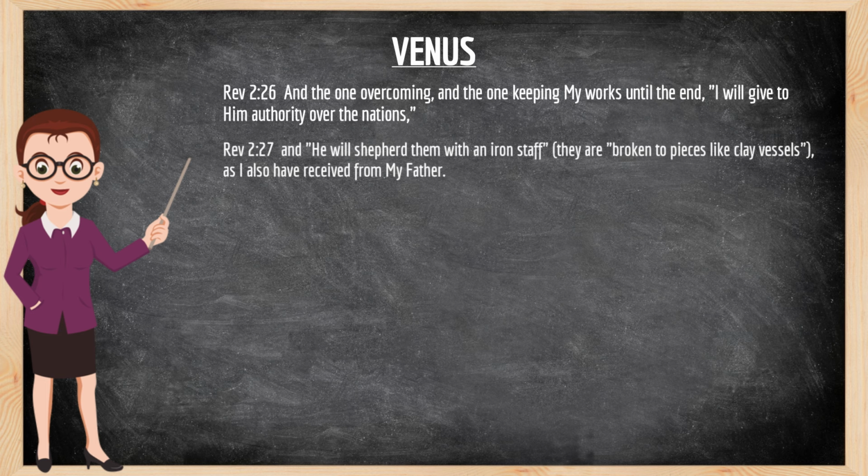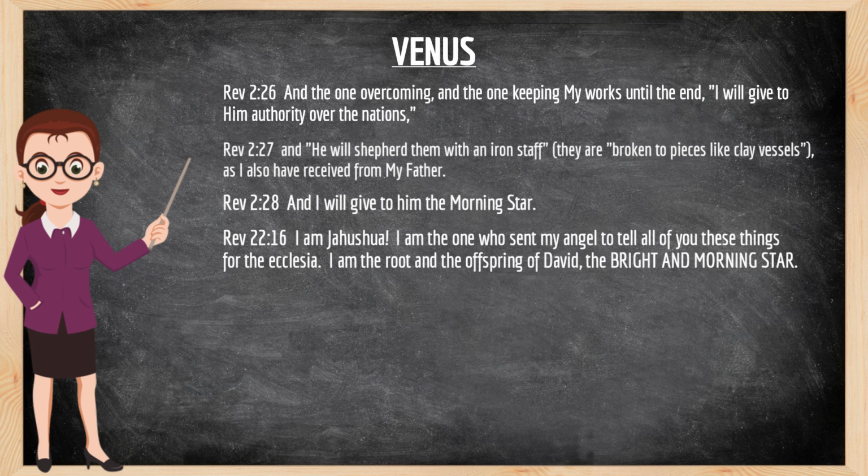They are broken to pieces like clay vessels, as I also have received from my Father, and I will give to him the morning star." So in the end, Yahweh took away from Hallel the designation of morning star and gave it to Yahshua. Revelation 22:16.